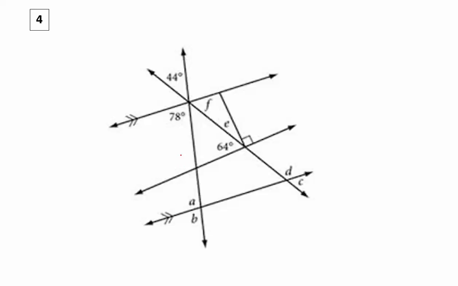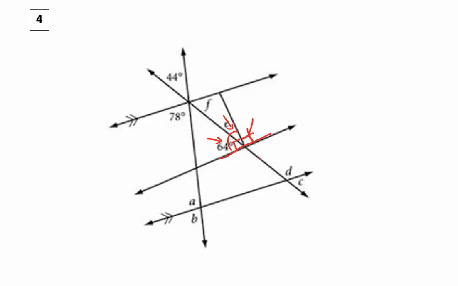Alright, the first one we're going to be looking at is I'm going to be using my 90-degree angle. Here I have a 90-degree angle, and that means that this angle here, E, and 64 degrees should also equal 90, because 90 and 90 here will give me 180 degrees for this straight line. So angle E is equal to 90 degrees minus 64, because these two angles together are complementary angles.